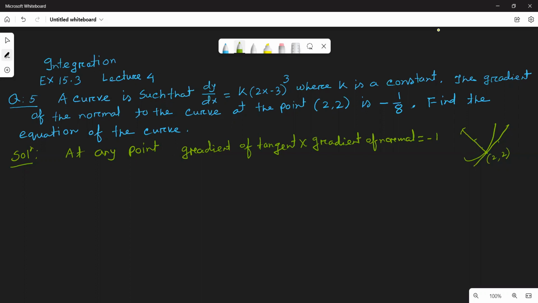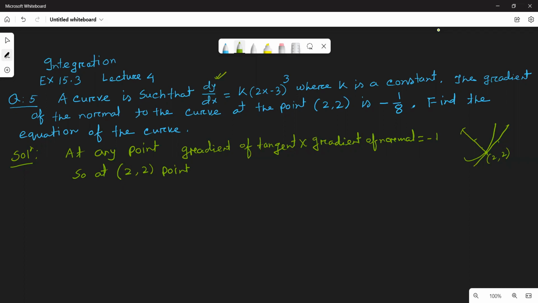If we take the product of the gradient of the tangent with the gradient of the normal, it must equal minus 1. So at this coordinate, the point (2, 2), we have to put this 2 into this, which is the gradient at this point.